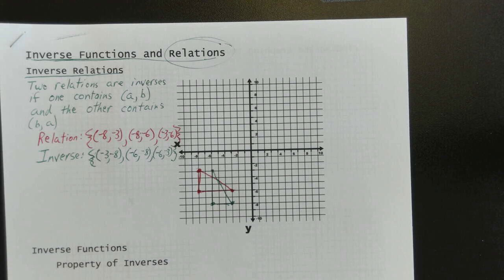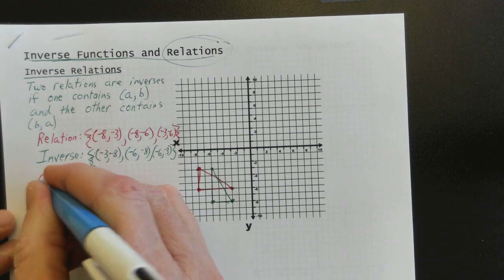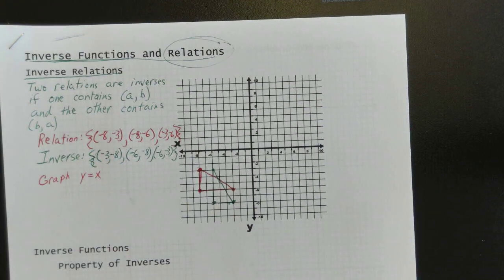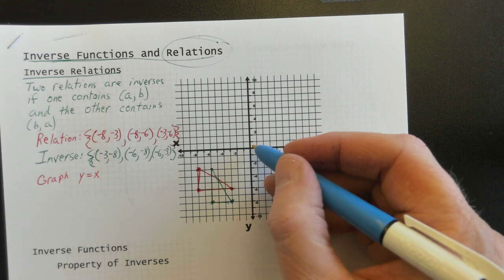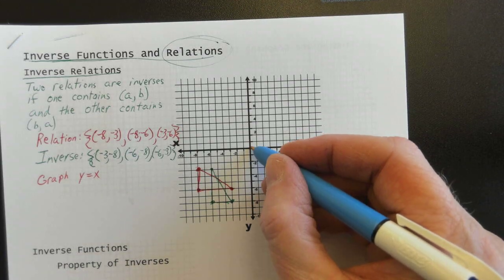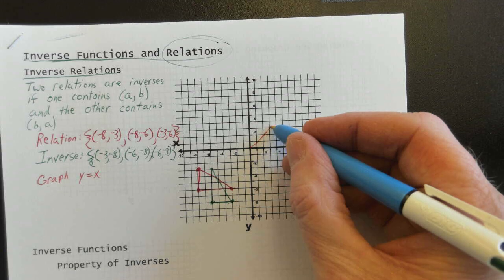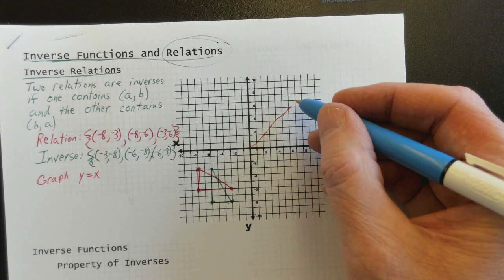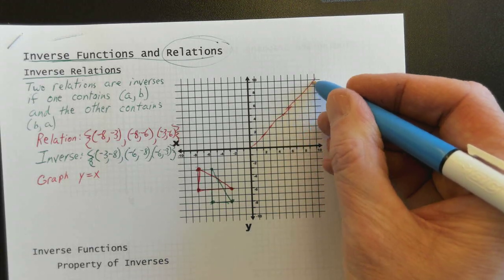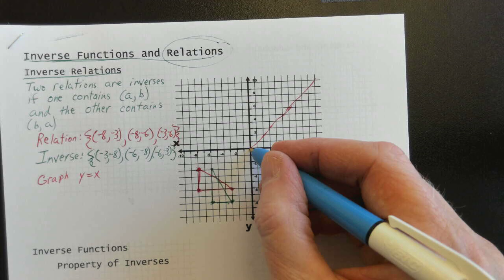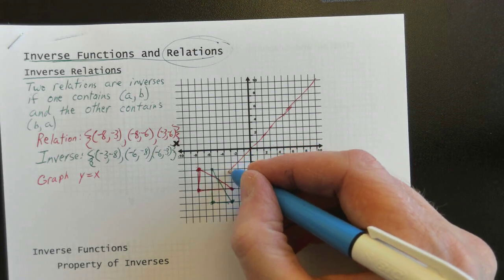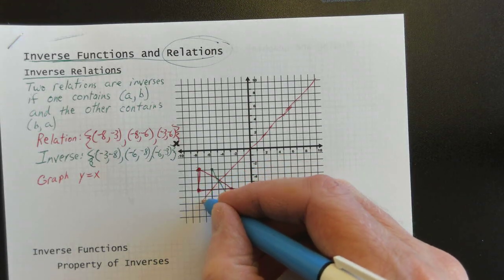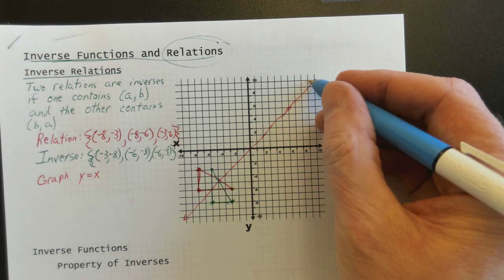And then I'm also going to graph the line y equals x. Y equals x. So like (0, 0), (1, 1), (2, 2), (3, 3), (4, 4), (5, 5), (6, 6), and so on. I got a little crooked there. And I'm going to go through here. Okay, so there's the line y equals x.